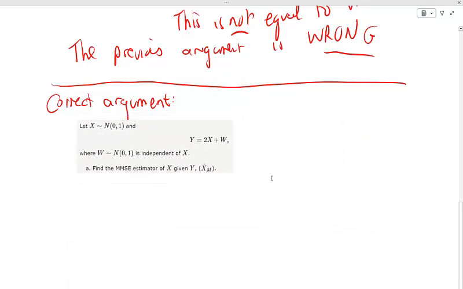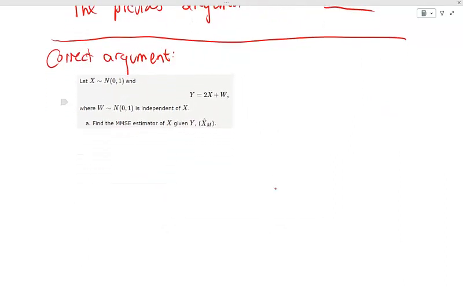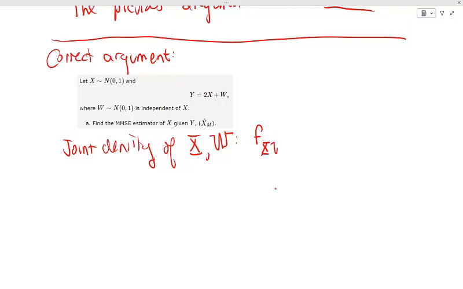All right, so x is N(0,1), and w is N(0,1) and independent of x. So I want the joint density of x and w. That's just going to be f, the density function of x and w.